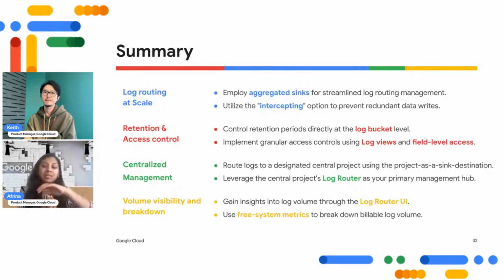Having logs router is essentially the key to making your project as a sync destination, making that as a centralized primary management hub. And finally, we saw the new log router UI that's about to come, which will help you identify which teams are sending you all of these logs and how can you throw costs back at them. And finally, how do you use system metrics to break down your billable log volume.